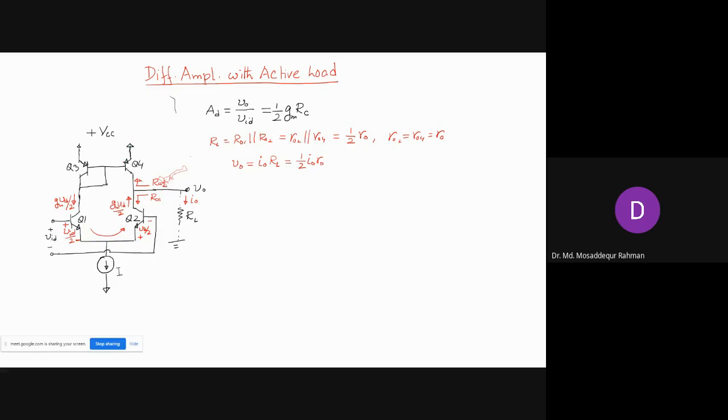Since the arrow direction in the emitter shows it is a PNP, the current will go in this direction, right? So how much current will we have here?